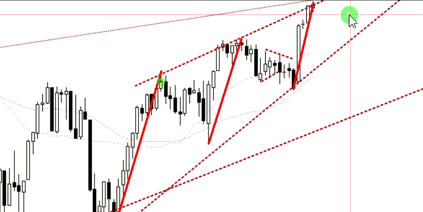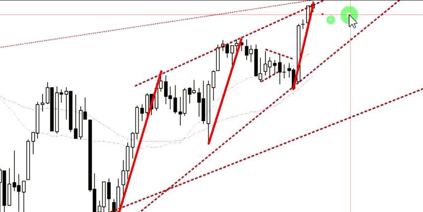The other characteristic is the significant overlap and the zigzagging. See how they zigzag and overlap pretty deep in the pullback areas. That's pretty characteristic of an ending diagonal.